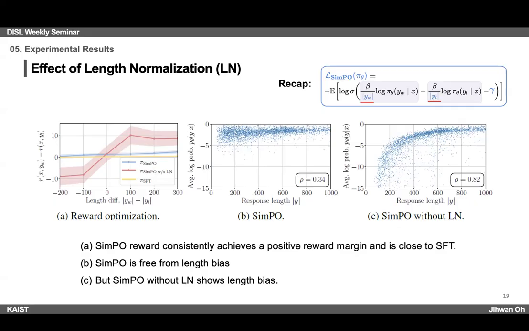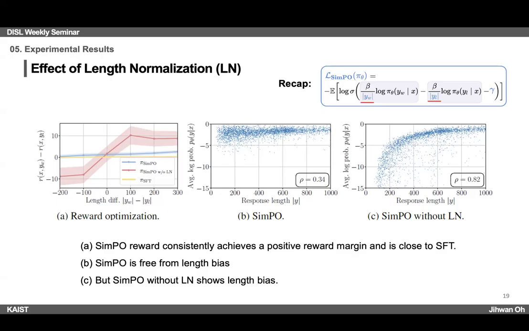And in the middle plot B, we look at the correlation between response length and log probability under SimPO. The correlation is very low, about 0.34, suggesting that SimPO is relatively free from length bias.